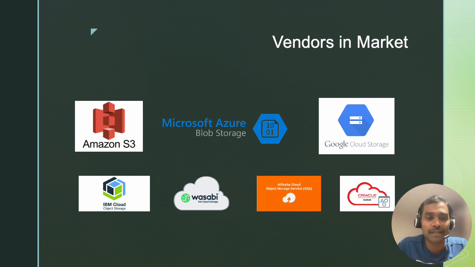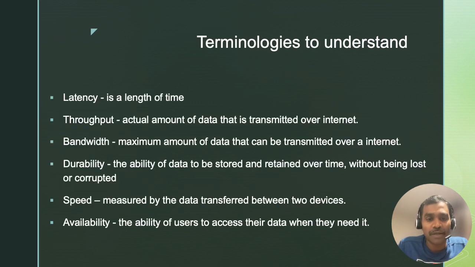However, with these multiple vendors, that's where our confusion starts: what to choose. Before getting into that, let's understand a few nuances or terminologies from these cloud vendors, because that is how these cloud vendors talk to us. Without understanding these terminologies, it would be hard to pick the right product.